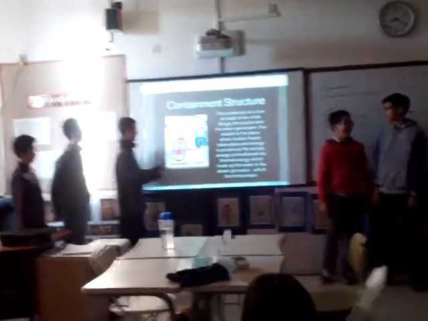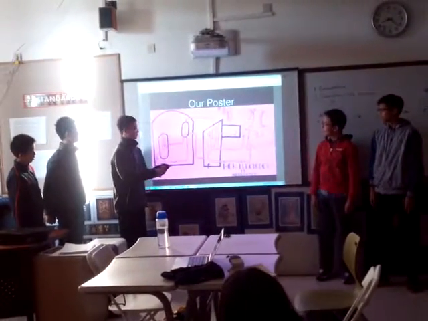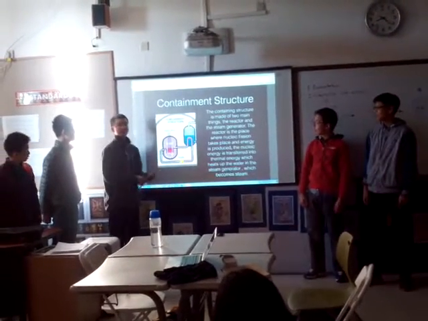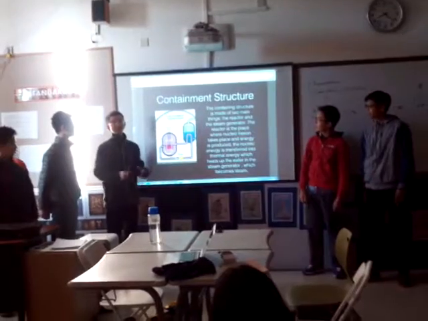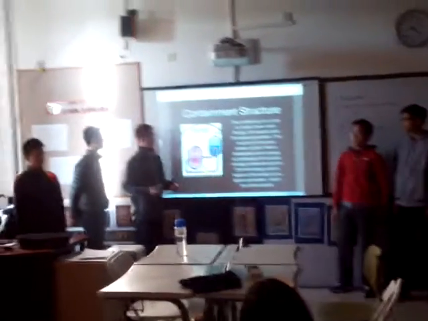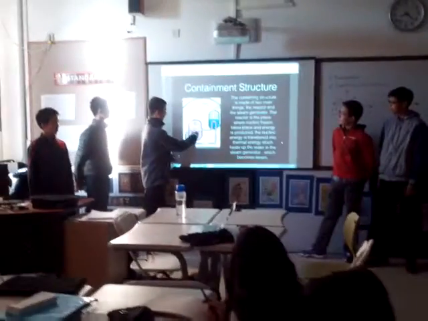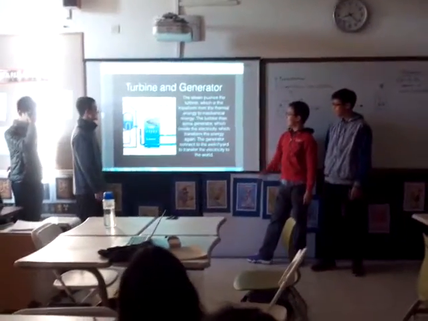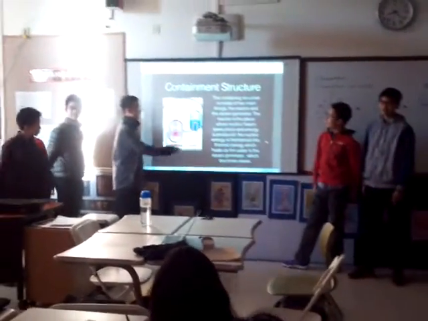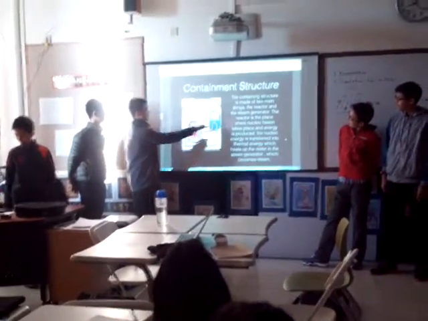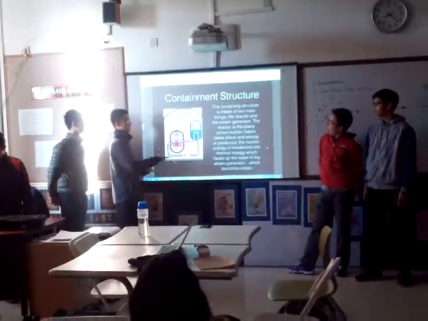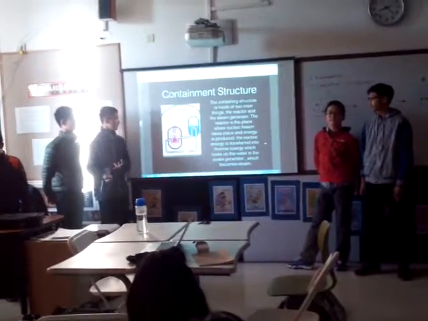So first, there is a reactor where nuclear fission takes place, which generates a lot of heat. And so the heat follows this pipe over here into the steam generator, which heats up the water in the steam generator, which generates the steam.